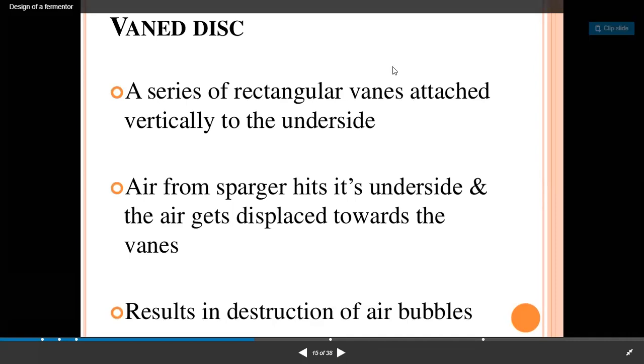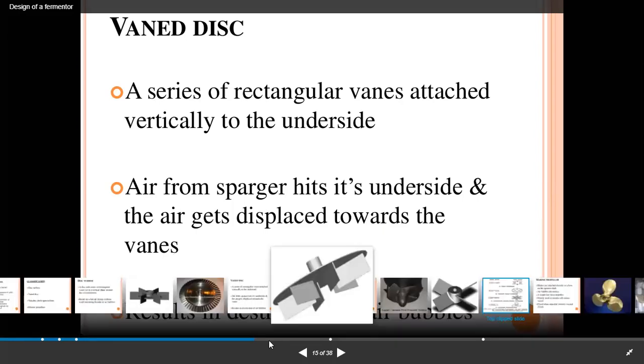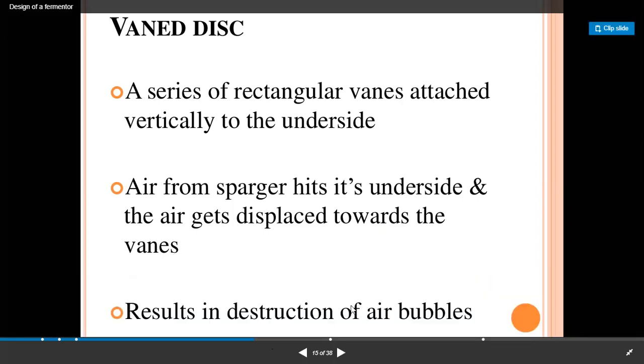Then vane disk. This is another model, a series of rectangular vanes attached vertically to the underside. Air from the sparger hits its underside and the air gets displaced towards the vanes, which results in the destruction of air bubbles.